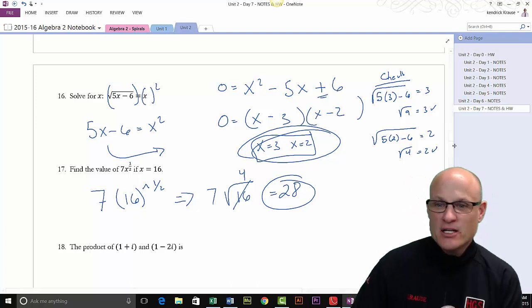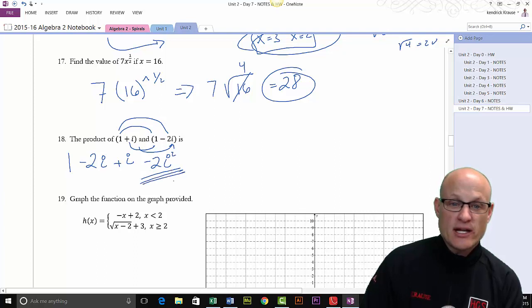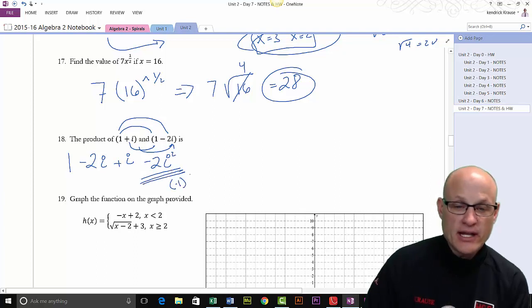The product means multiplying. So we're going to have to double distribute. 1 times 1 is 1. 1 times negative 2i is negative 2i. I times 1 is I. I times negative 2i is negative 2i squared. And don't forget, I squared is really negative 1.